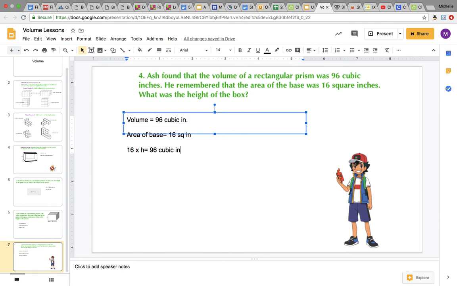All right. So the way I did this was division. I did 96 divided by 16 to get my height. You guys also could have multiplied to figure out what 16 times what equals 96. But if you divided like me, or however you solved it, you should have gotten a height of 6 inches.